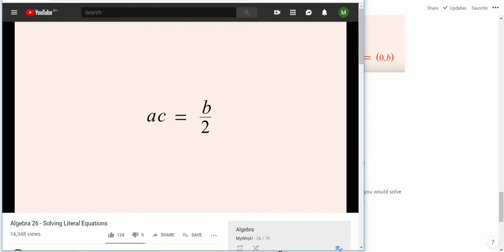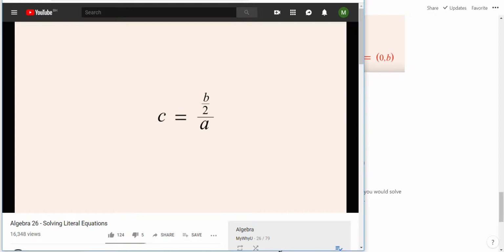We must now eliminate the variable A on the left so that we end up with C alone on the left side. To do this, we divide both sides of the equation by A. The A's in the numerator and denominator on the left then cancel, leaving C alone on the left.